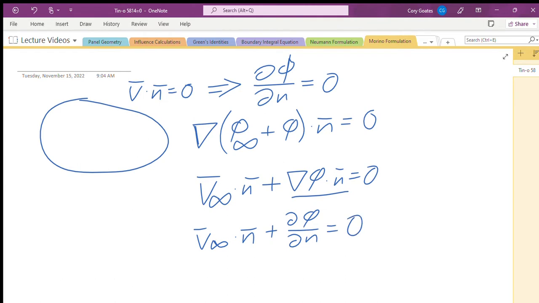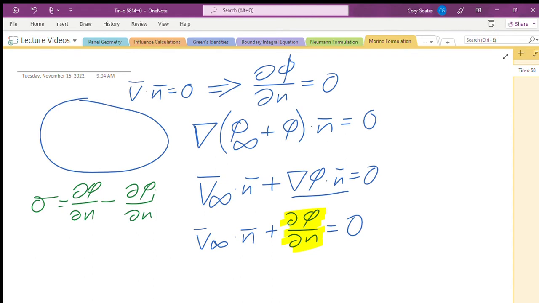Okay? Now, in terms of sources and doublets, what does this term look like? This term is half of what determines our source strengths. If you remember, we said that our source strength sigma is equal to partial phi partial n minus partial phi I partial n.